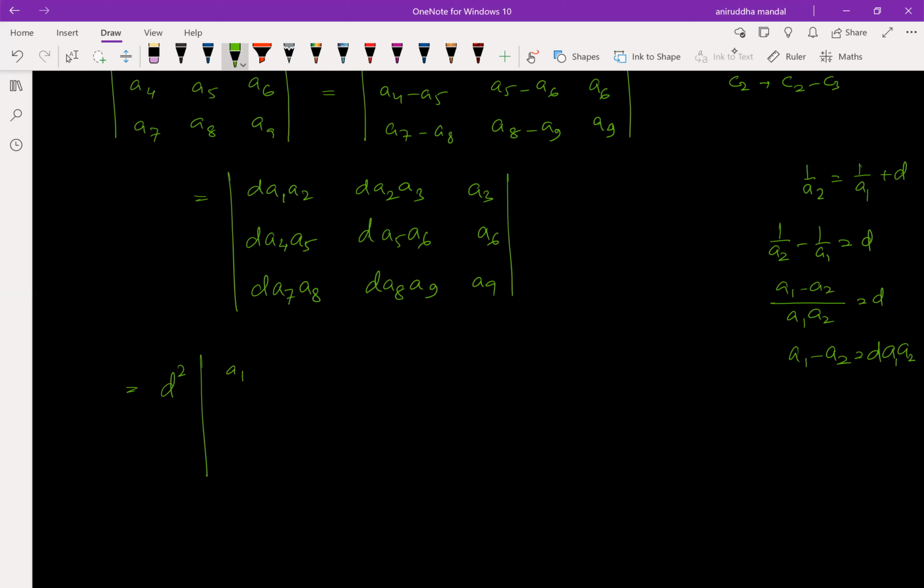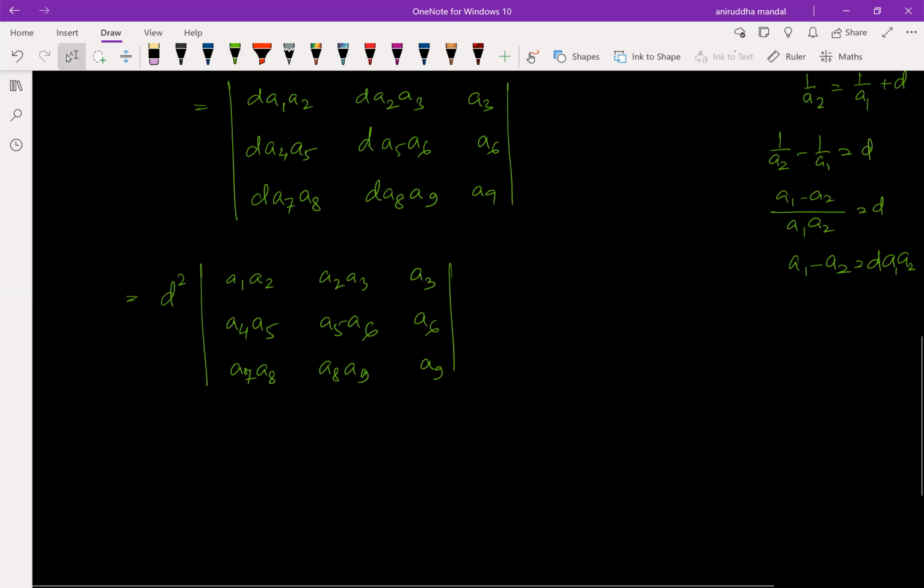Similarly, we are left with this expression: A4 A5, A7 A8, A2 A3, A5 A6, A8 A9, and the third column. Now we can use the operation on C1: we add C1 plus C2.